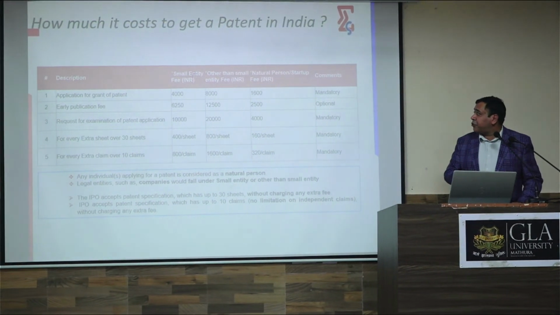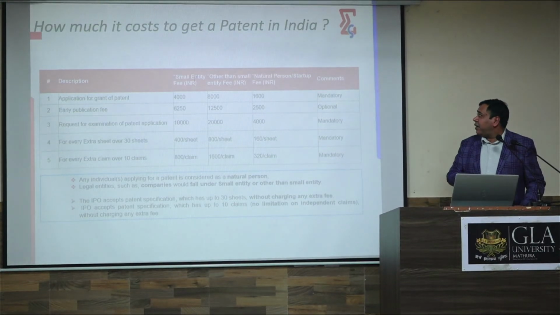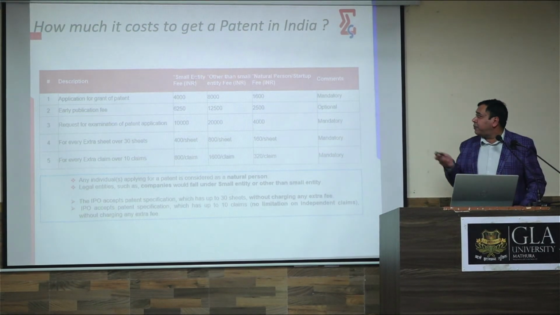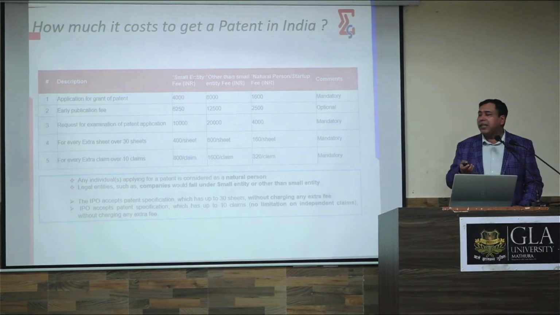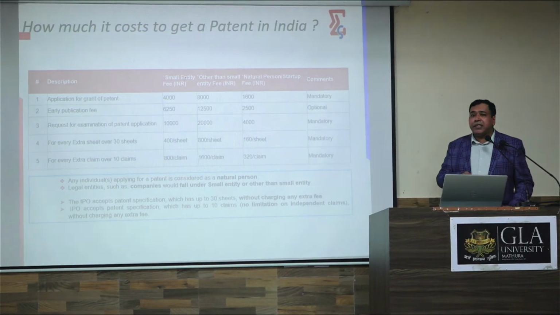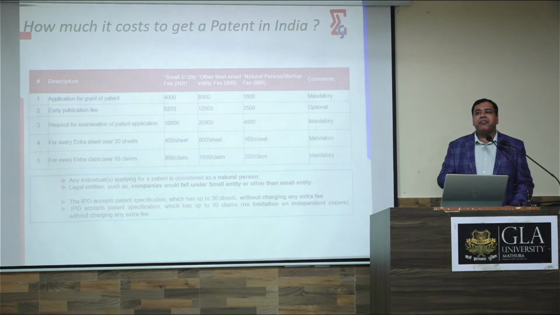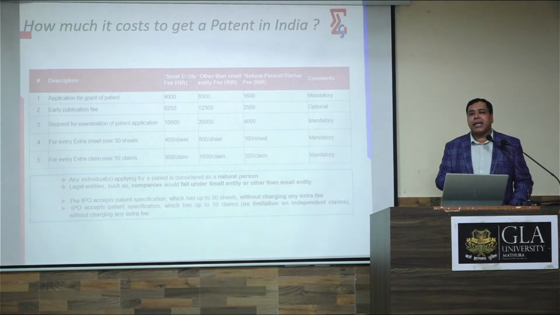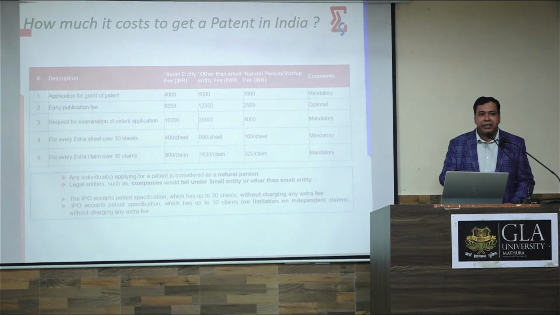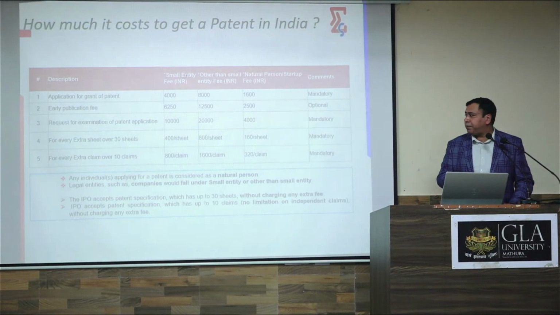Primarily 4,000 rupees for initial filing. For all of you it will be 1,600 rupees to initially file and 4,000 for examination. So roughly 5,600 rupees are spent on filing a patent application in India as an individual inventor, or as a startup.